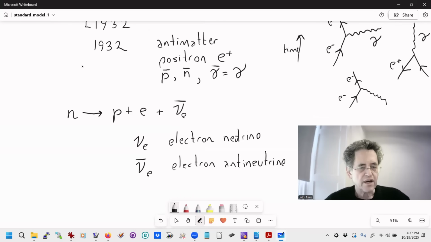So Pauli theorized this in 1930, and people were very suspicious of it because making up new particles just to balance the books is a slightly fishy endeavor. But later on, people were able to detect neutrinos and antineutrinos by letting beams of them hit other chunks of matter and causing other reactions, like the reverse of this reaction, for example. And so by 1956, the theory of neutrinos was confirmed.